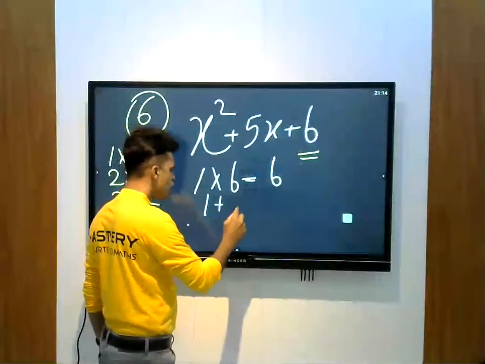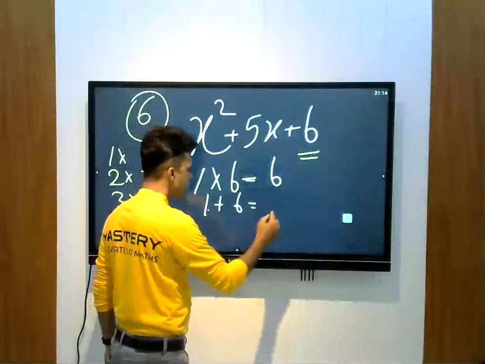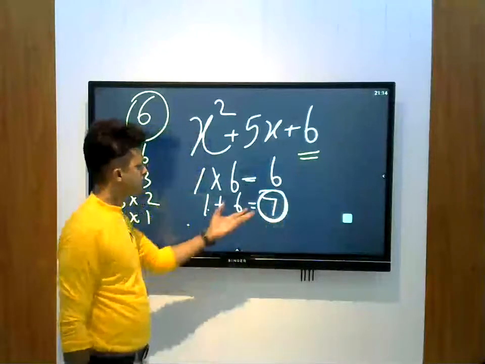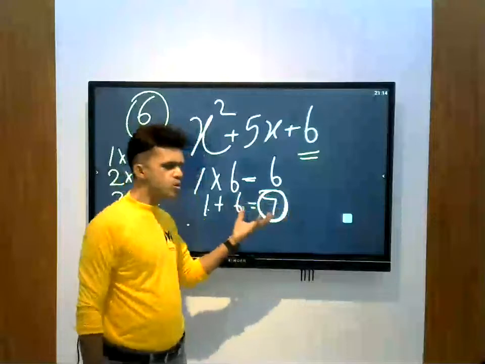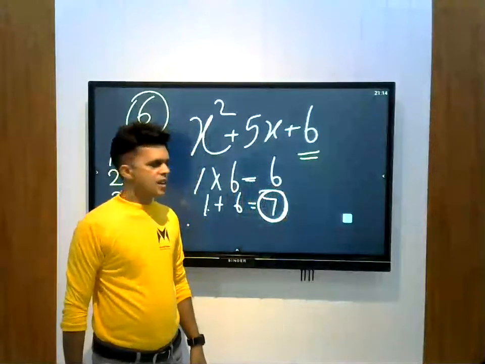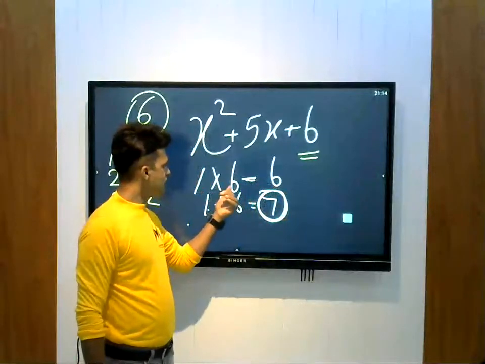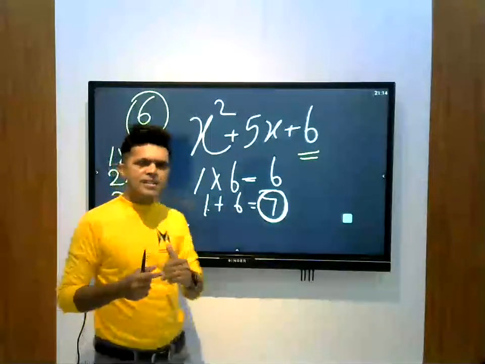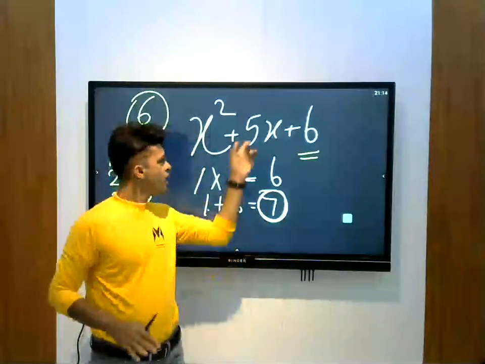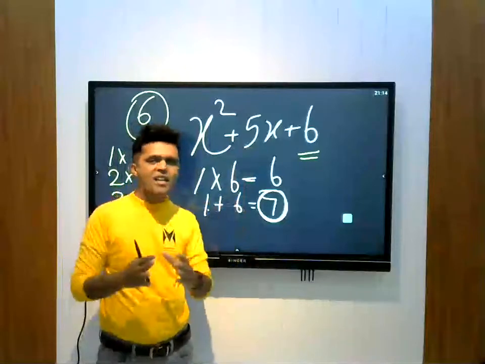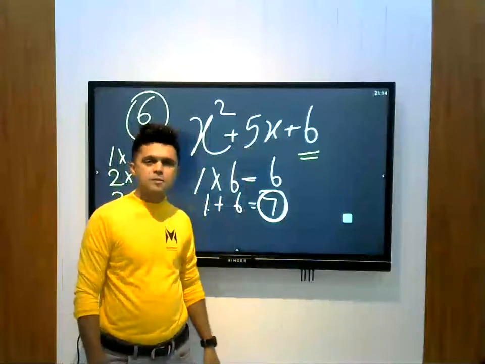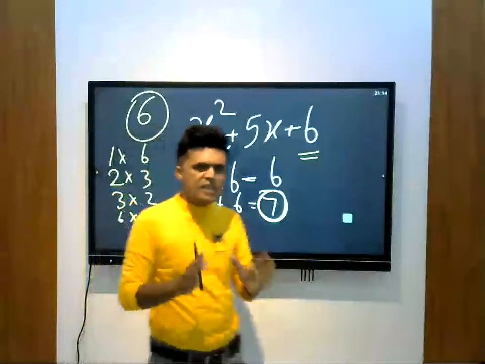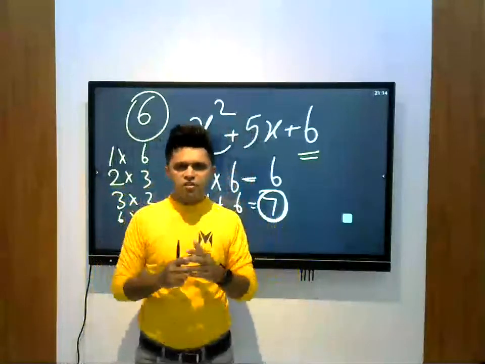Let's add this 1 and 6. 1 plus 6 is 7. You are unable to get a definite relation here when you use 1 and 6. When you multiply 1 and 6, you get 6, but you are unable to get the digit 5 when you add these two factors. So this is the condition that you need to think of.